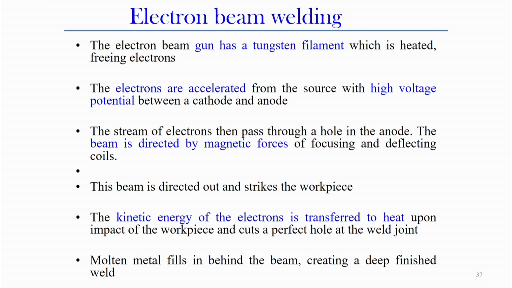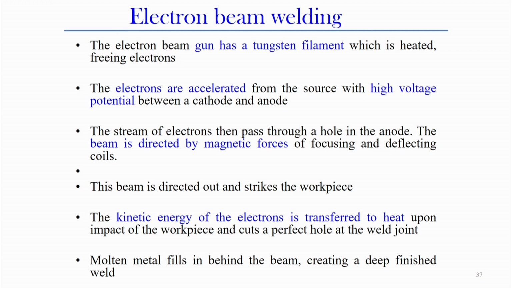We will see in detail the typical components of a simple electron beam welding machine. But finally, the beam is directed out and strikes the workpiece surface, and of course, the kinetic energy of the electrons is transferred to heat on impact with the workpiece, and it creates a hole in the weld joint.